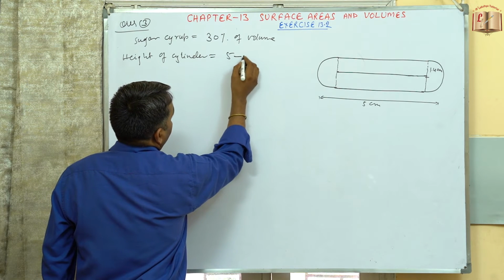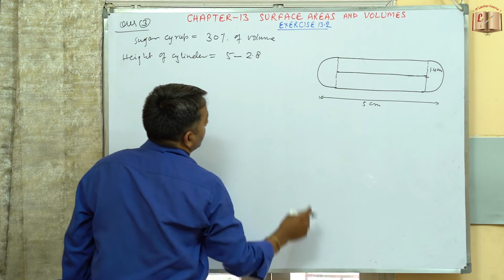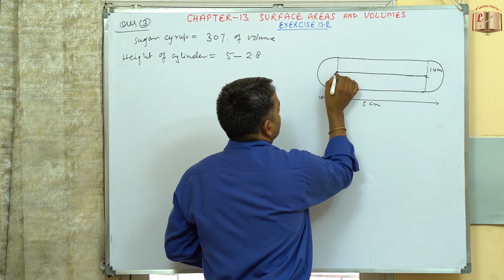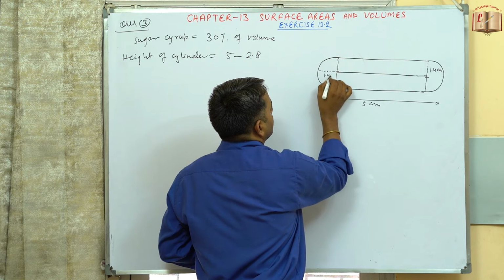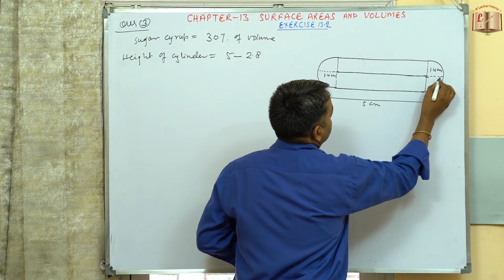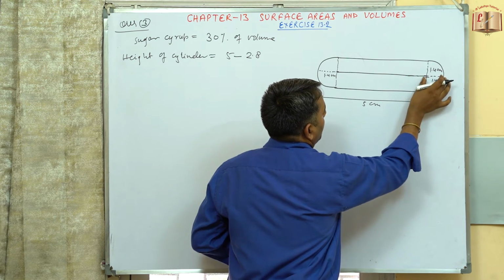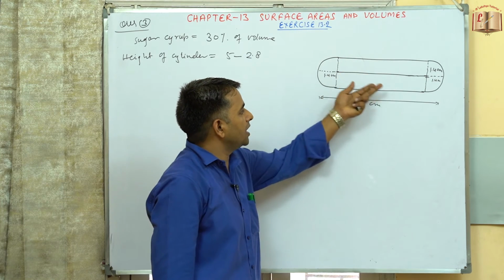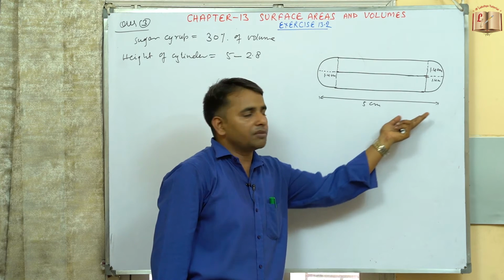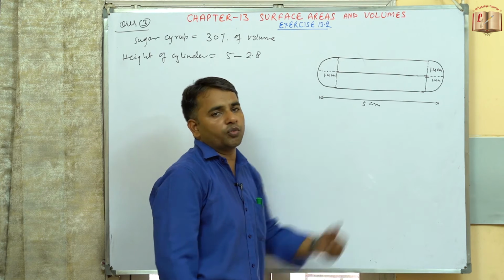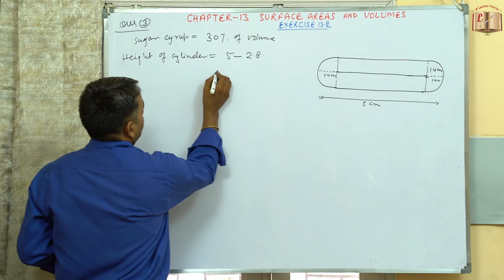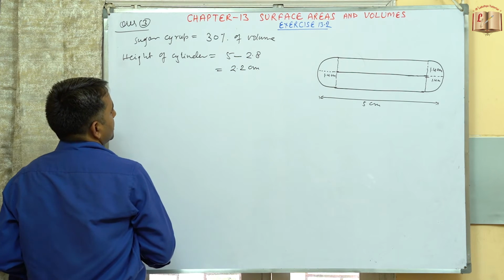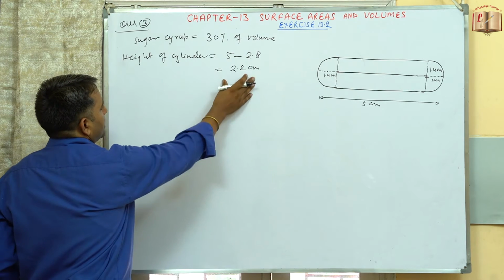So this will be 5 minus 2.8, because this will be 1.4 centimeters from here, and from here another 1.4 centimeter. So 1.4 plus 1.4, both together make 2.8. So the complete length is 5 centimeter. So 5 centimeter minus 2.8 will be equal to 2.2 centimeters. So the length of the cylinder we got.